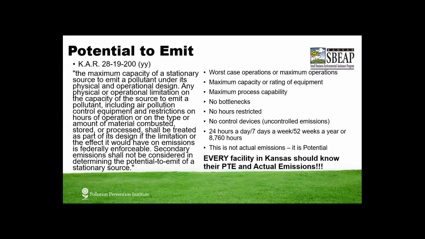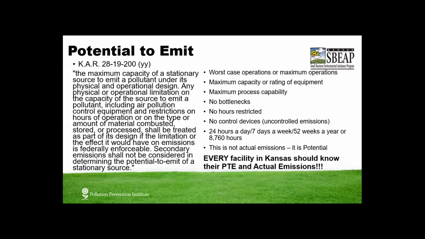Any physical or operational limitation on the capacity of the source to emit a pollutant, including air pollution control equipment and restrictions on hours of operations, or on the type or amount of material combusted, stored, or processed, shall be treated as part of its design if the limitation or the effect it would have on emissions is federally enforceable. Secondary emissions shall not be considered in determining the potential to emit of a stationary source.